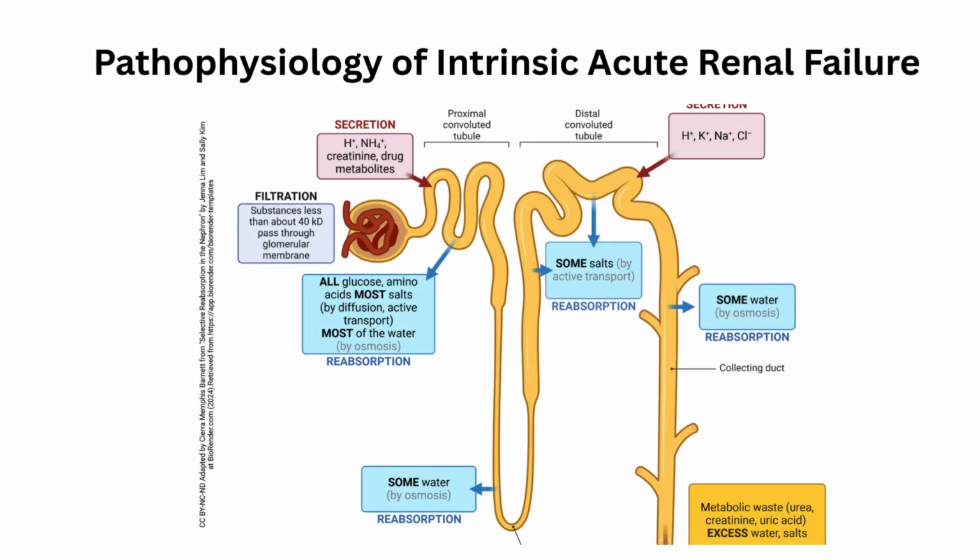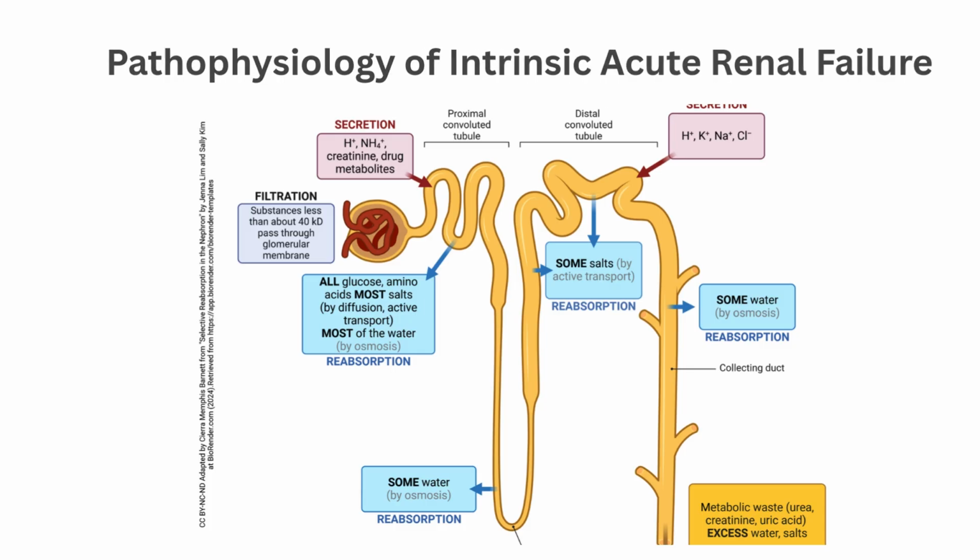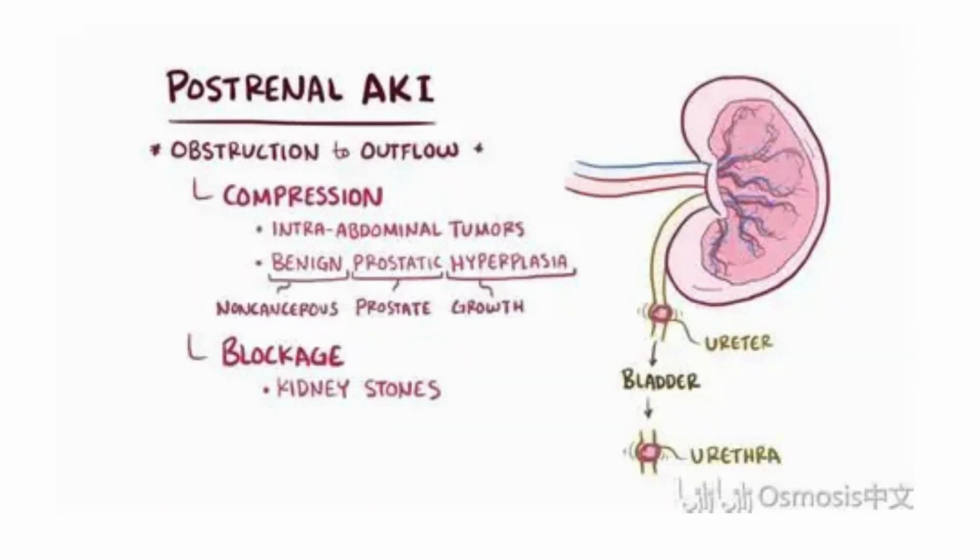In intrinsic acute kidney injury, damage to the nephron, particularly the renal tubules, impairs filtration and reabsorption, leading to accumulation of waste products such as urea and creatinine. And in post-renal acute kidney injury, obstruction increases intratubular pressure, reducing glomerular filtration rate and causing backflow injury to the kidneys. So these mechanisms result in fluid overload, electrolyte imbalances, and metabolic acidosis.